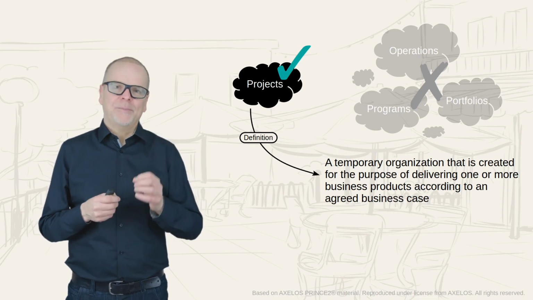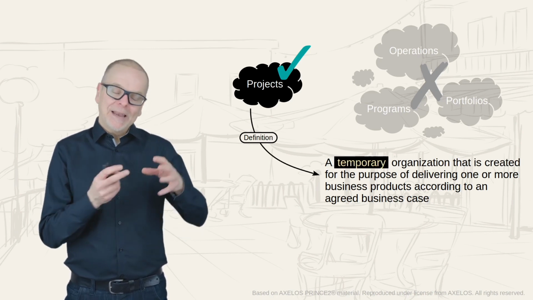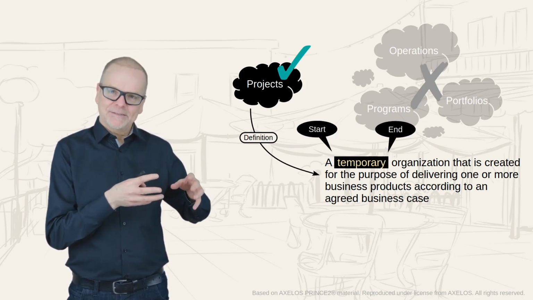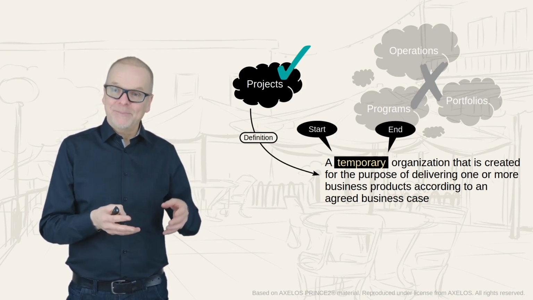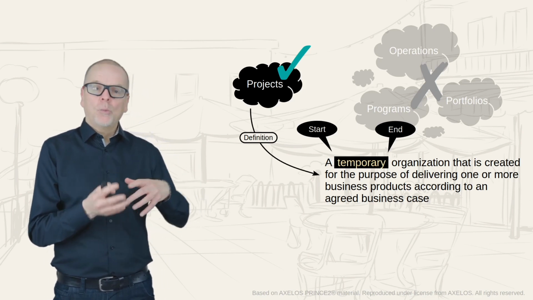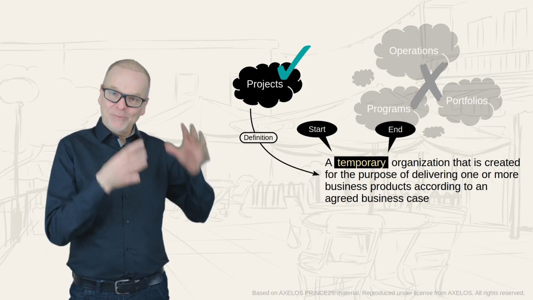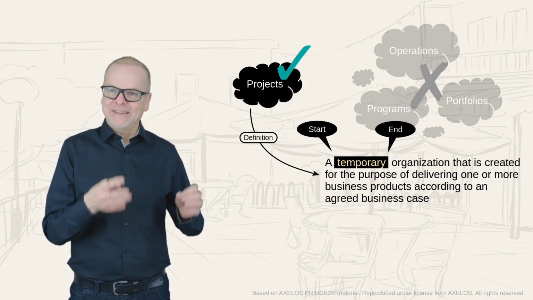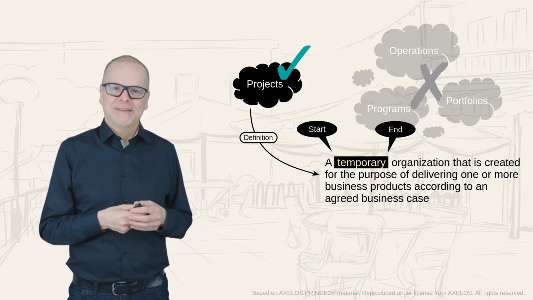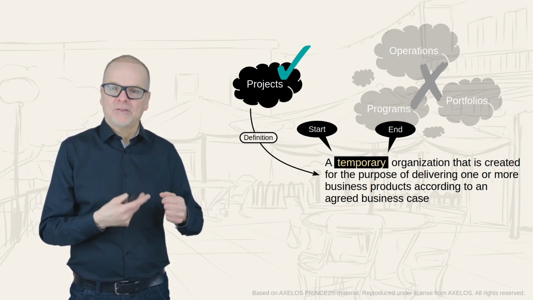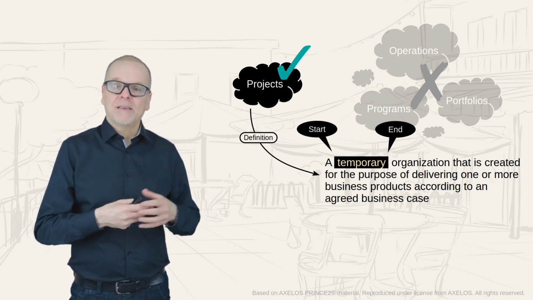The first one was temporary. So what do we mean by that? Well, each project has a definite start and end. Well, it should have, and that makes it temporary. So for example, we are building a building and it's finished, and then we stop work. So it had a start and an end date. That makes it temporary. Now, if you look at manufacturing, well, that just continues until it doesn't make sense anymore.